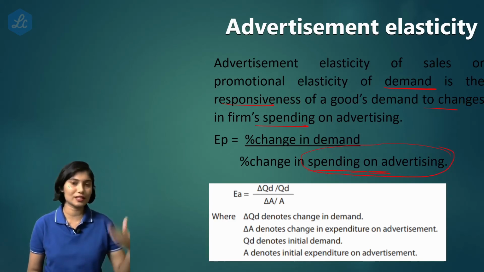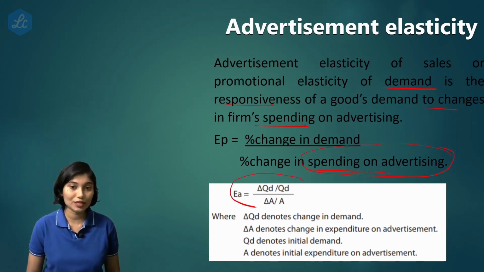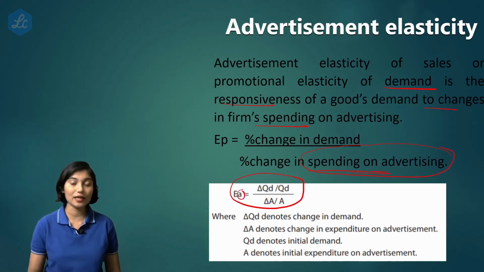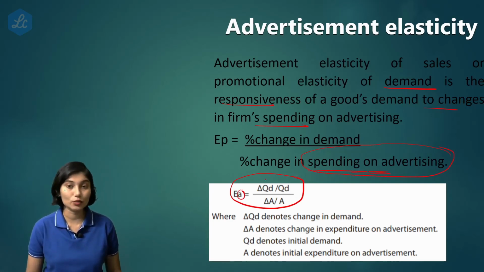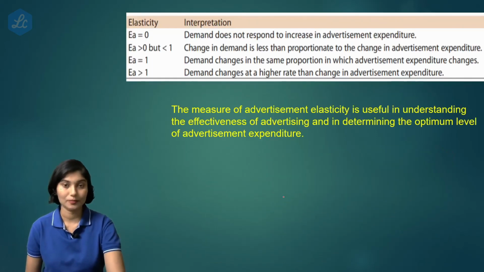Earlier, in the case of price elasticity, it was change in price, for income it was change in income, here it is change in spending on advertisement. So if you had to put it in the form of a formula, EA, because A stands for advertisement, elasticity of advertisement, is equal to change in quantity demanded divided by quantity demanded, whole thing divided by change in advertisement divided by advertisement amount spent.